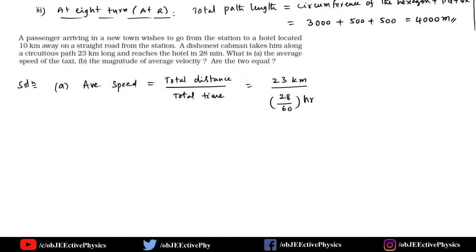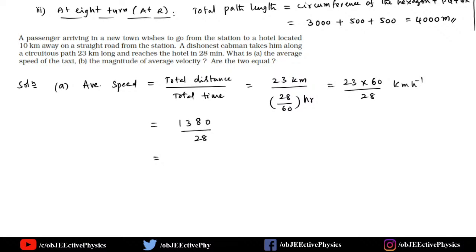To convert minutes into hours, we divide the given value by 60. So that is equal to 23 into 60 divided by 28 kilometers per hour.